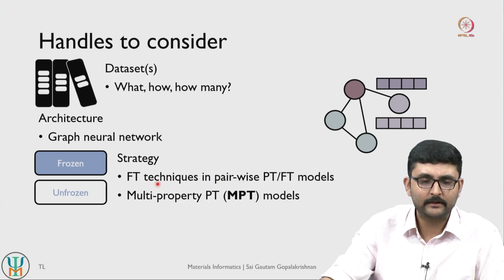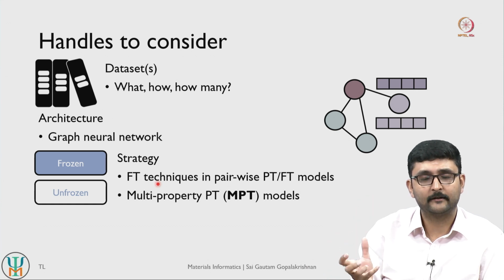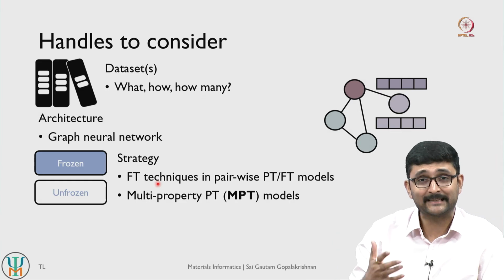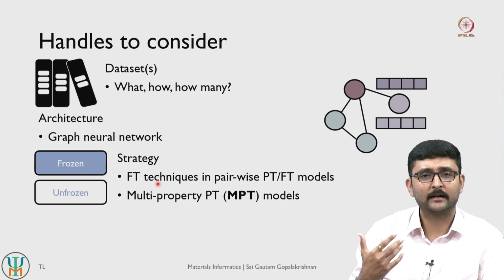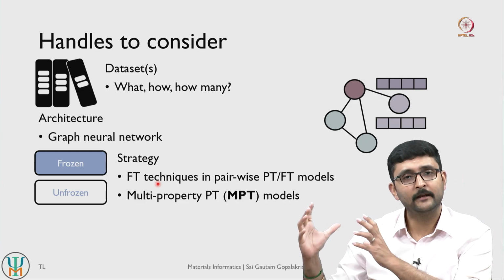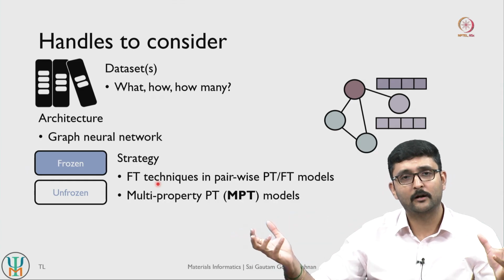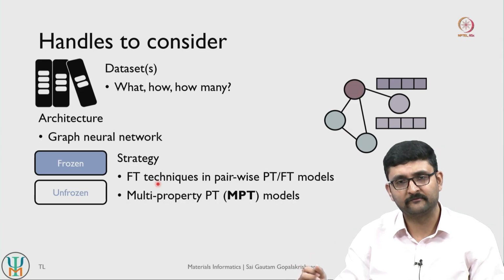So when it comes to the fine tuning step of your transfer learning, there are several techniques that you can follow. So one example is how many layers do you actually freeze or unfreeze during your fine tuning step. So do you only freeze your prediction head or the final few layers, or do you unfreeze your entire model, you allow your entire model to be updated. Those are all design choices that you have, right.